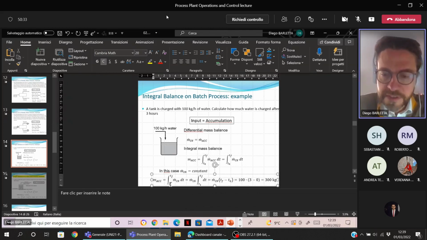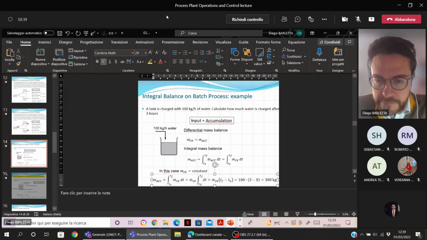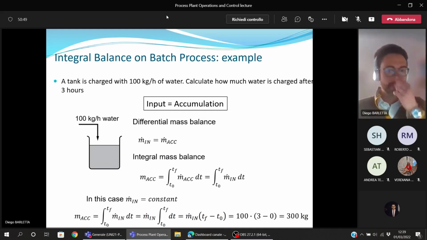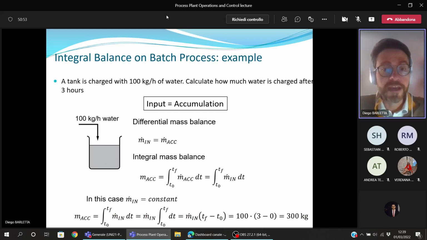Let's make it consistent. Okay, and so in the end we have the simple conclusion: it's 100 by 3, so it's 300 kilogram.